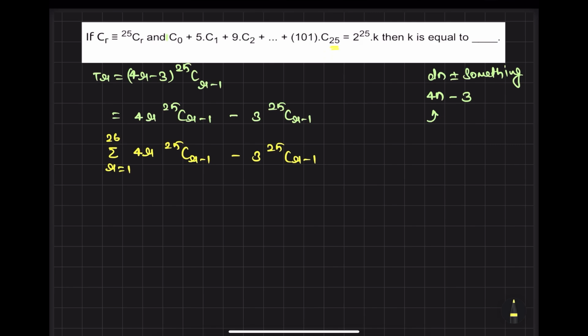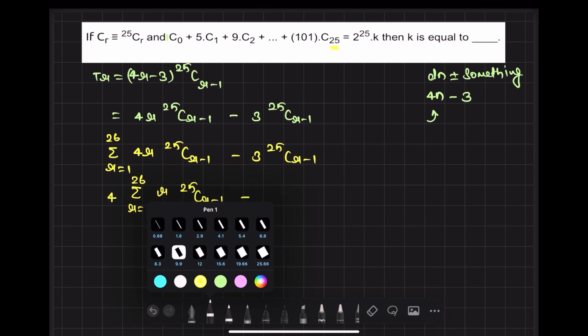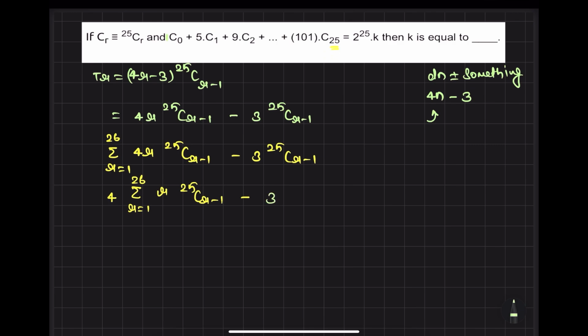Now you know that we can segregate summation when it is in addition or subtraction. And if anything is in the constant, you can take that thing outside. So summation r starts from 1 to 26, r times 25 cr minus 1 minus 3 times, sorry, it should be summation r starts from 1 to 26, 25 c r minus 1.